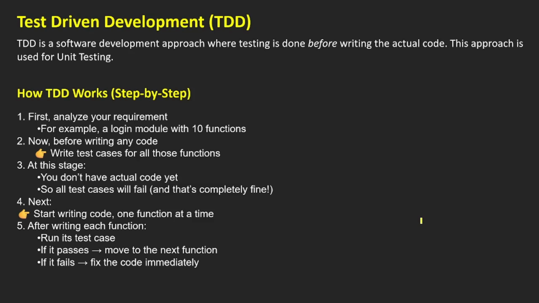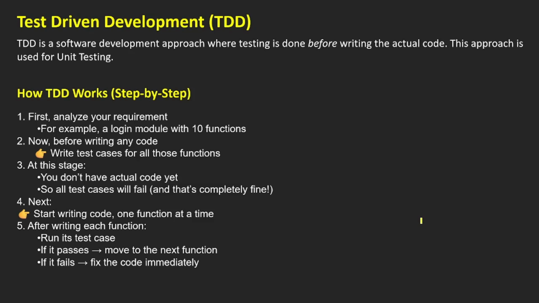But what if one of the test cases starts failing? You will go back to your code, make some code changes, and fix the issue, and that change might impact your other functions also because they are interconnected. They are part of the same functionality, which is the login functionality.